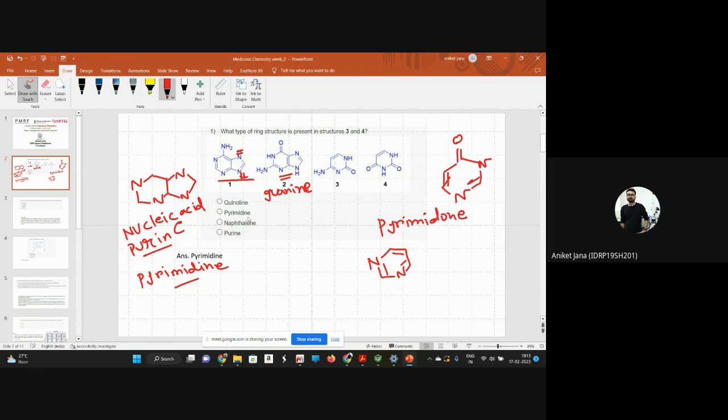Here the right answer is definitely pyrimidine, but for your understanding, this kind of structure where a ketone or carbonyl group is present within the pyrimidine ring is called the pyrimidone structure. Okay, got it?